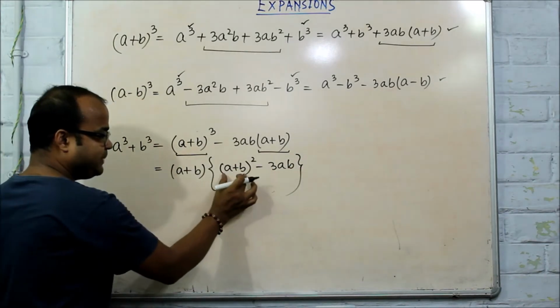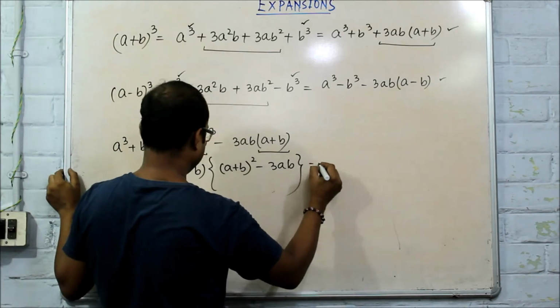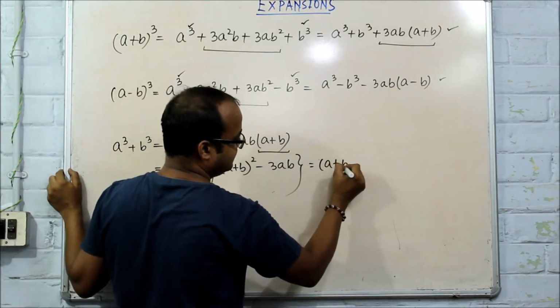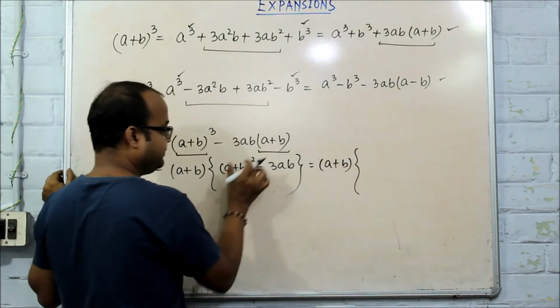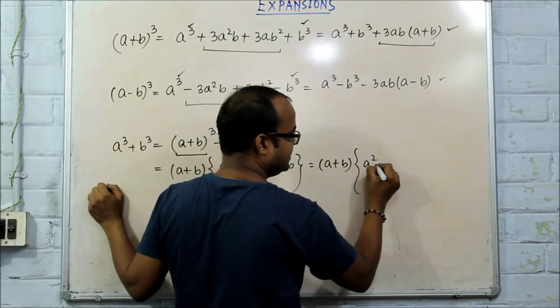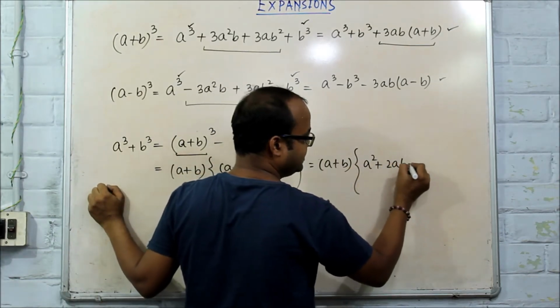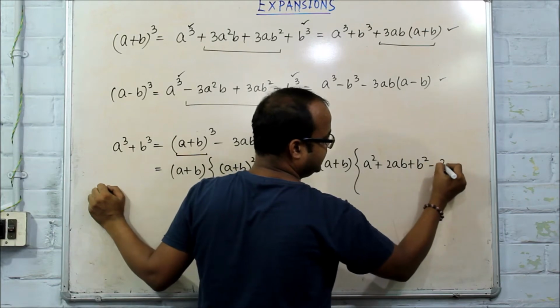Clear? Now, expand this one. So, we write (a + b), and (a + b) whole square means a square plus 2ab plus b square minus 3ab.